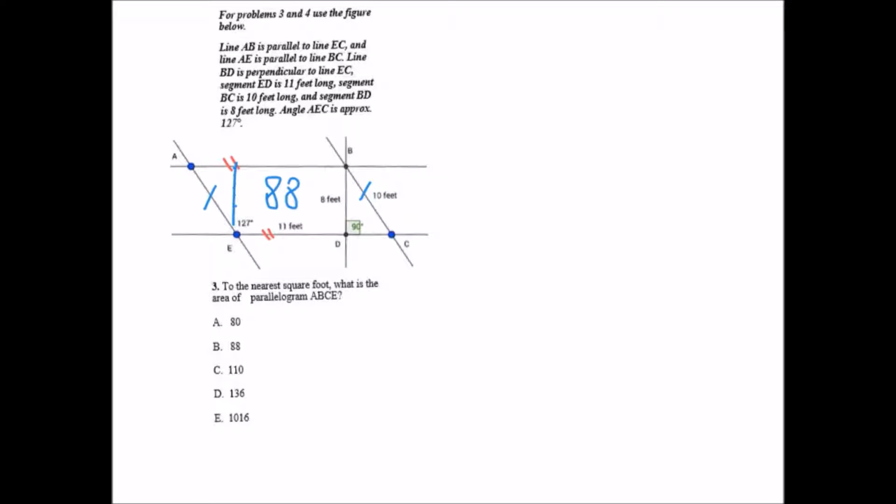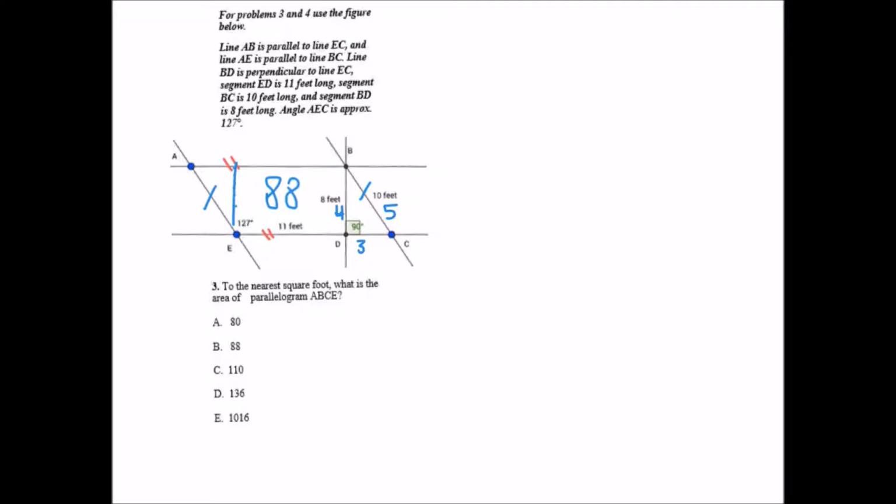Well, if you look here, they give you the measure of the segment here, 8, and the segment here of 10. If you think about it very carefully, sometimes you're going to see that they're giving you a free 3, 4, 5 right triangle, because if you reduce these by 2, this becomes a 4, and this becomes a 5. So if you divide all these by 2, it's a 3, 4, 5.